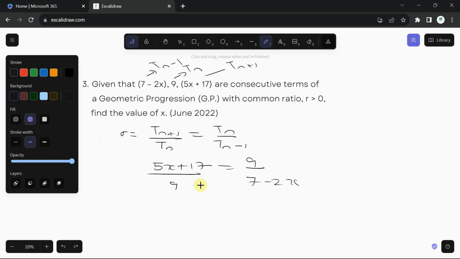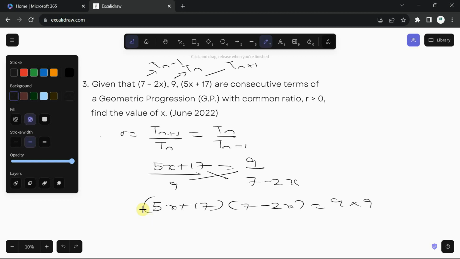What else do we know? We could cross multiply. So if I cross multiply, I'll have 5x plus 17 multiplied by 7 minus 2x is equal to 9 times 9.